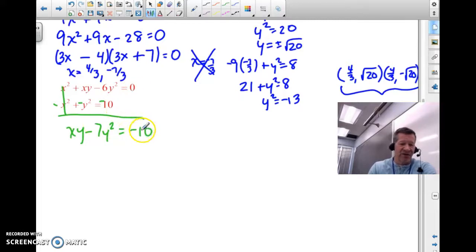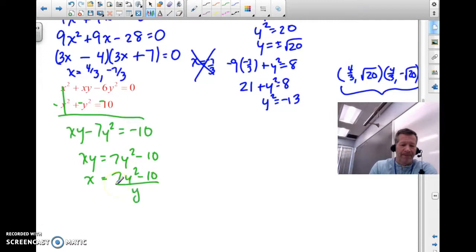I still have x's and y's. However, now I can solve this for x pretty easily. I can add 7y squared to the other side and then divide by y. Now that I have an expression for x, I can plug this into either of the two equations.